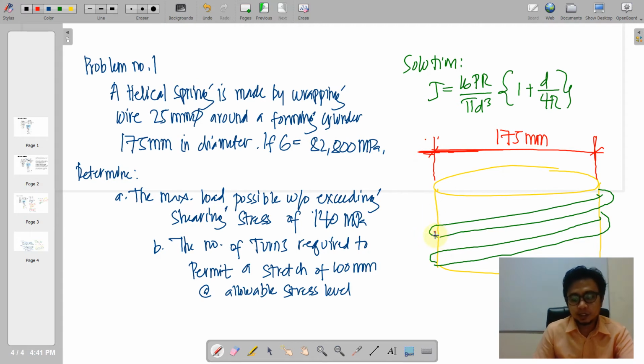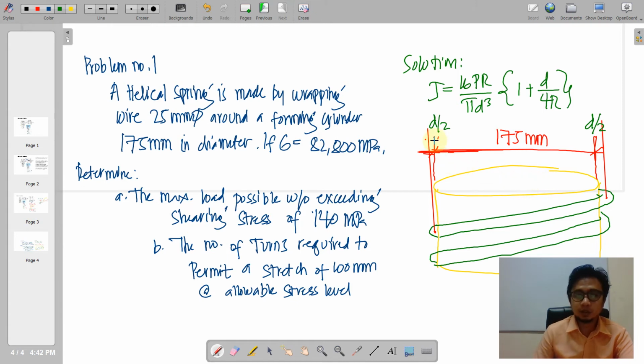So from the center we have that small dimension there, and it is actually half of the wire diameter. And similarly we have for the other side, we have the center, and then we have that dimension, actually that is again half of the wire diameter.